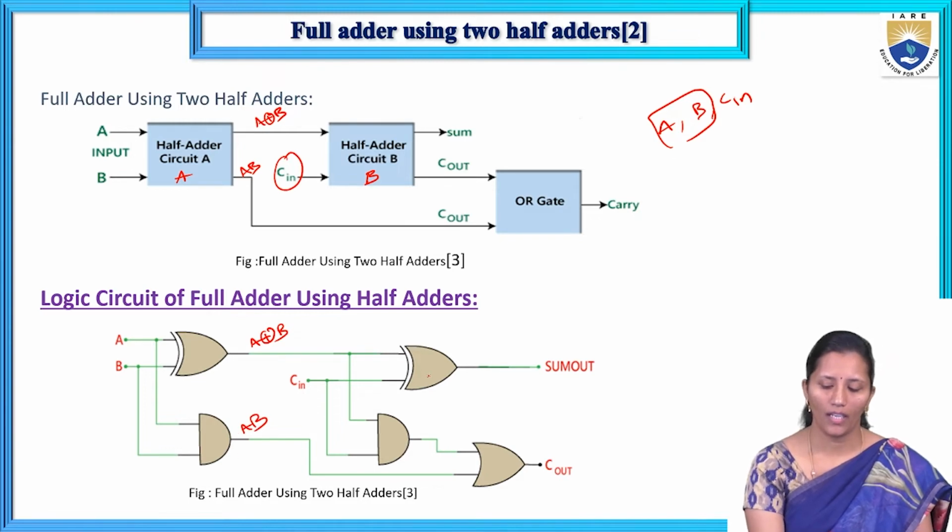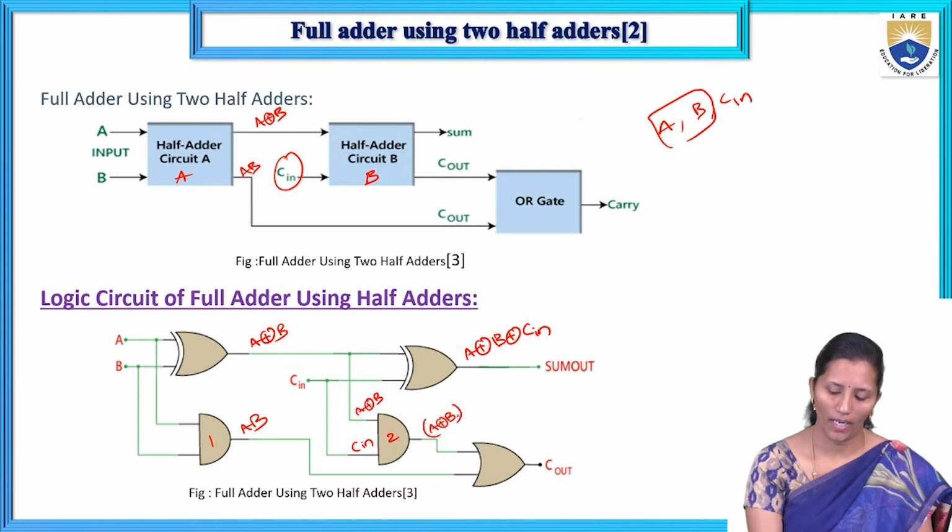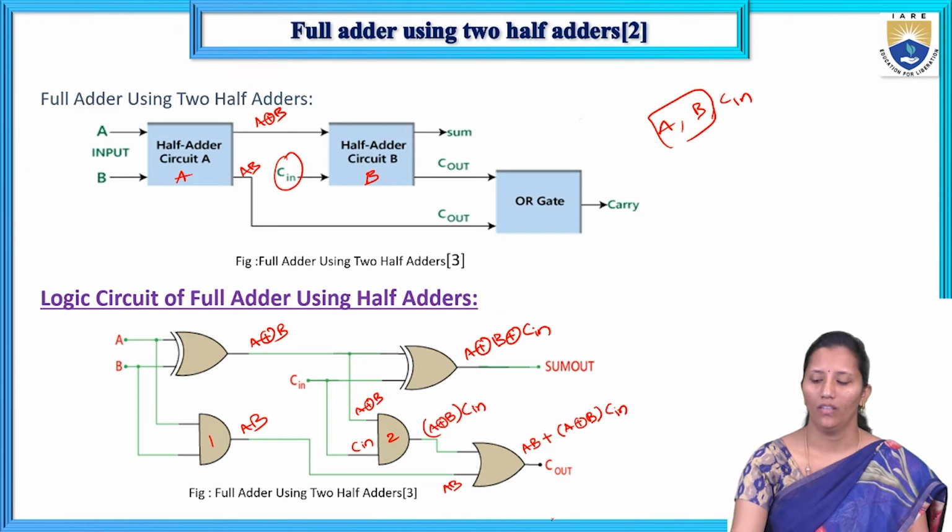Okay, so the second XOR gate inputs are A XOR B and C, so the output will be A XOR B XOR C. And the second AND gate inputs are A XOR B and C. The AND gate acts just like a multiplier, so A XOR B will be multiplied by C. The OR gate inputs are AB and the other input is (A XOR B)C. So AB plus (A XOR B)C is the carry output of the full adder.